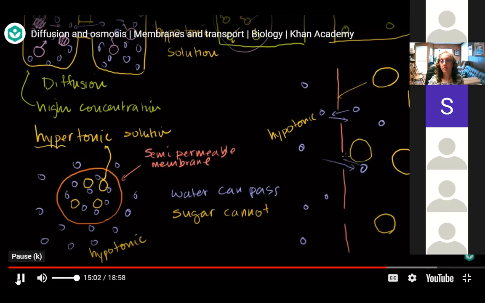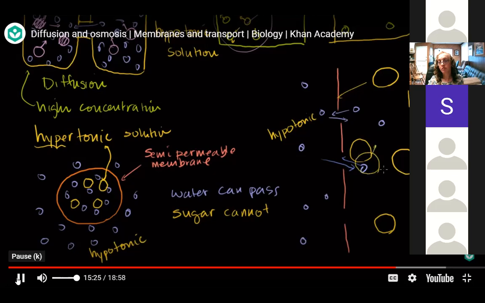I want to make that very clear. If these sugar molecules were not here, obviously it's equally likely for water to go in either direction. Now that these sugar molecules are there, they might be on the right-hand side, blocking the approach to the hole. They'll never be able to go through the hole themselves, and they might not even be blocking the hole, but they're going in some random direction.